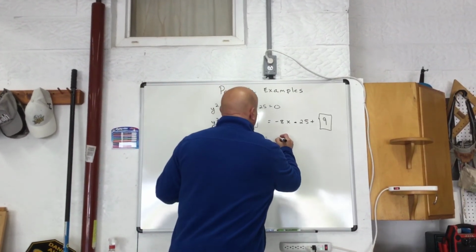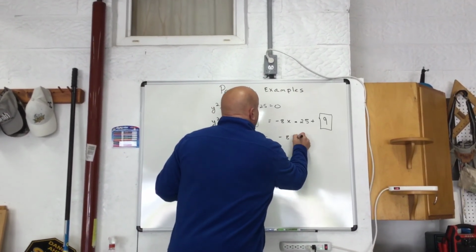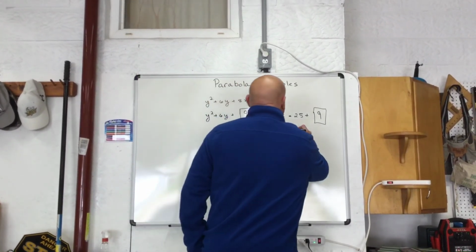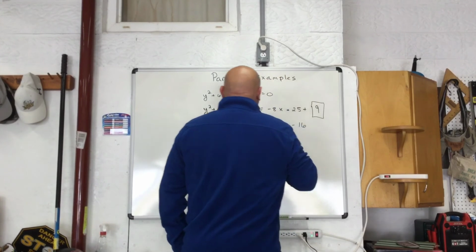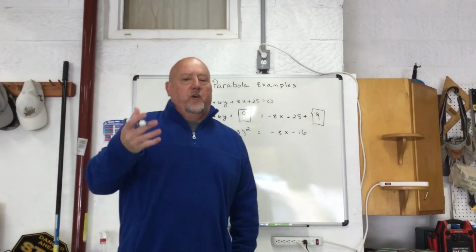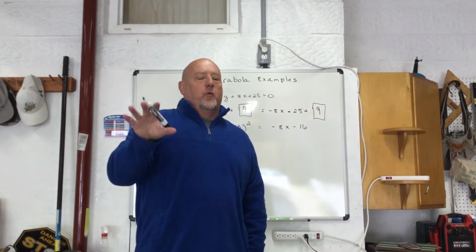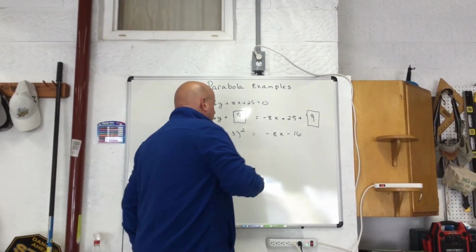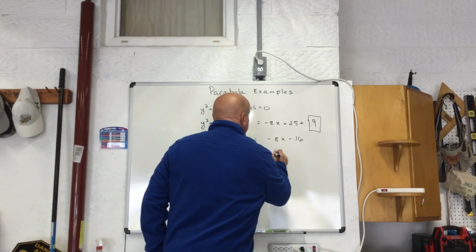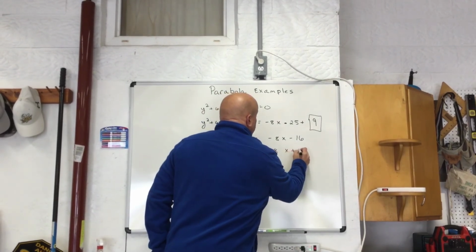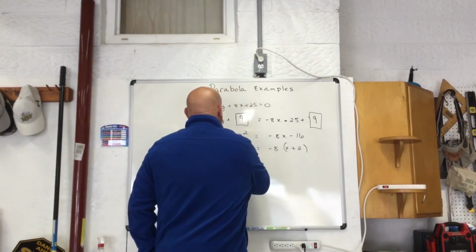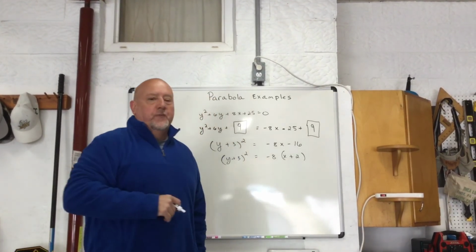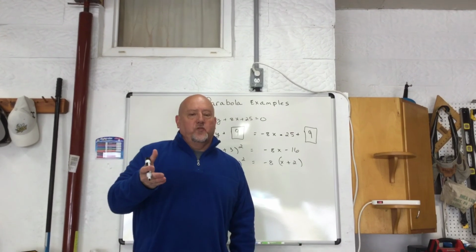Okay, over here I'm going to have to do some arithmetic. Negative 25 plus 9 is negative 16. Well, it's starting to look very much like it's in vertex form, with one exception over here. I'm going to have to factor out a negative 8. And now I have that equation that looks just like our vertex form.